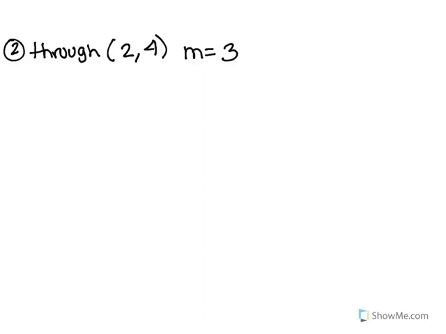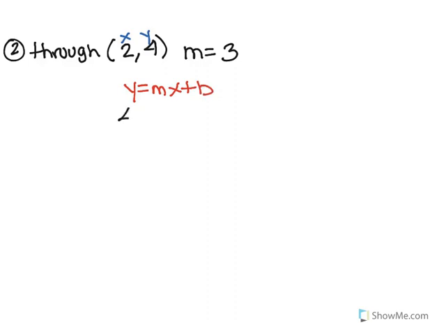Okay, let's do another one. Let's write the equation of a line that's going to go through the point (2, 4) and has a slope of 3. So this point is going to be our x and y. I gave you m, and we're going to plug those numbers in to find b.